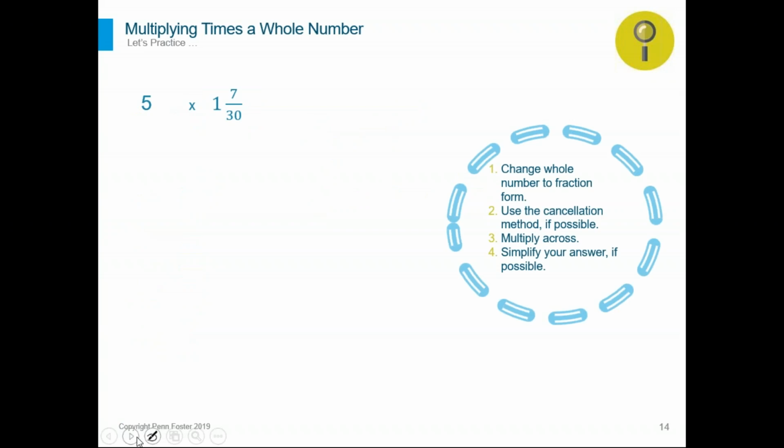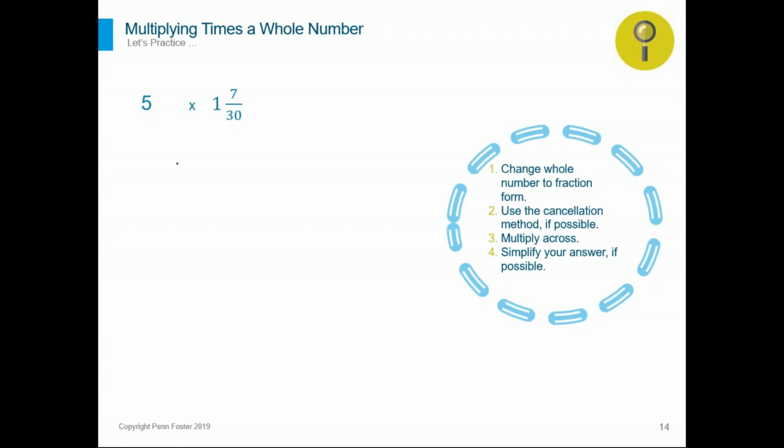Next, another type of problem involving multiplication. We have a whole number in our problem and a mixed number. What should we do? Whenever you are dealing with fractions and you see a whole number, it is always a good idea to represent the whole number in terms of a fraction. How?